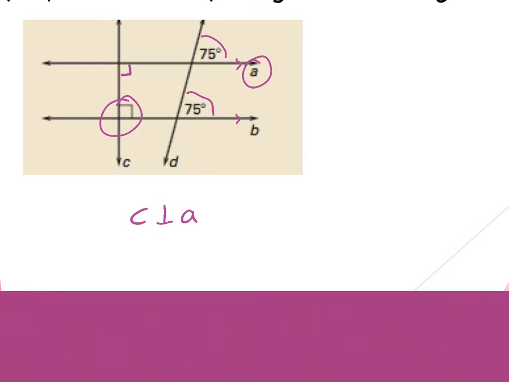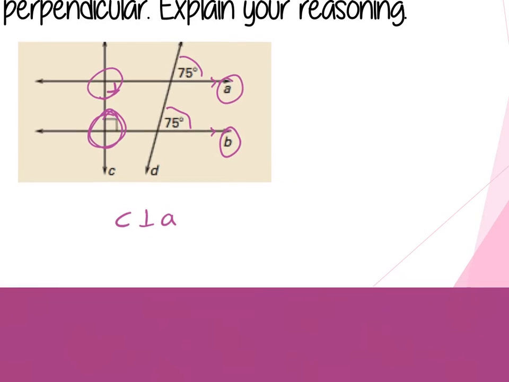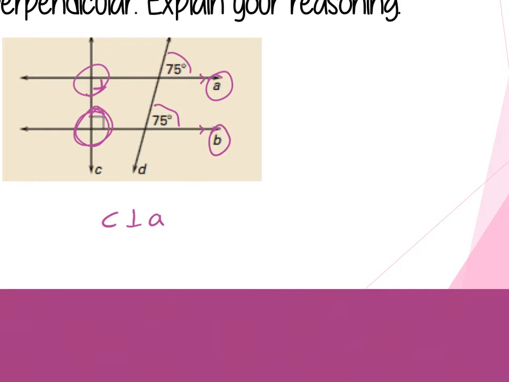You're saying if these are parallel, then these are perpendicular, and that could also be corresponding, or it could be the theorem that said if the transversal is perpendicular to one of 2 parallel lines, then it's perpendicular to the other. So that was a whole lot of explaining. But A is parallel to B because of the corresponding angles postulate converse.